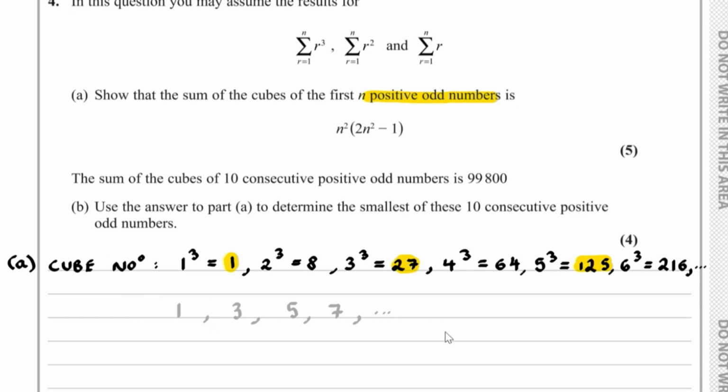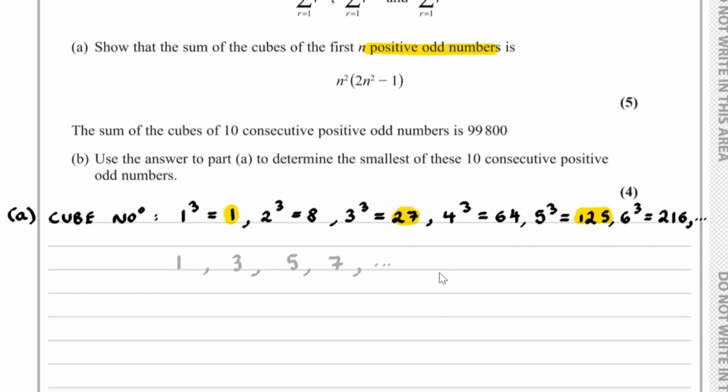And then we can cube all these. What is the nth term over here? Well, rather the rth term. Well, this sequence of numbers has rth term 2r minus 1. So what exactly do we require? We require the cube of these numbers and then add the results together.